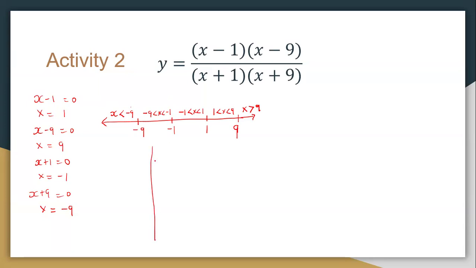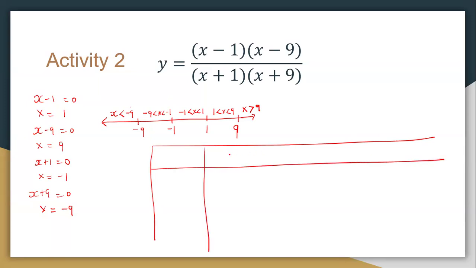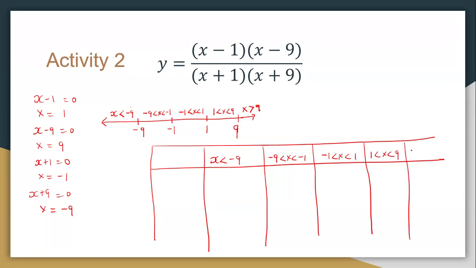So I'm going to draw our table here. In our table here, I'm going to come and I say, I have a value below negative 9. I have a value between negative 9 less than x less than negative 1. I have a value between negative 1 less than x less than 1. I have a value between 1 less than x less than 9. I have a value that is above the 9.